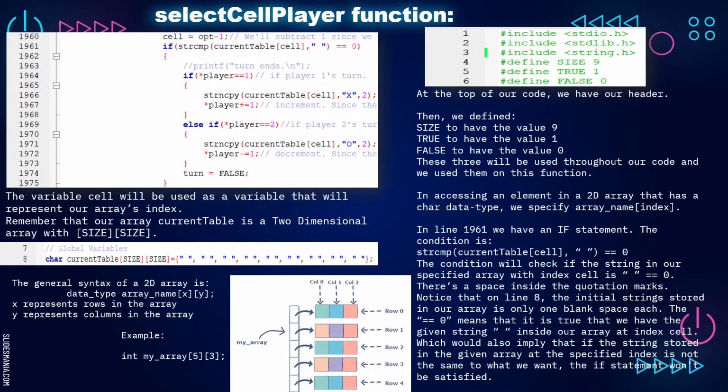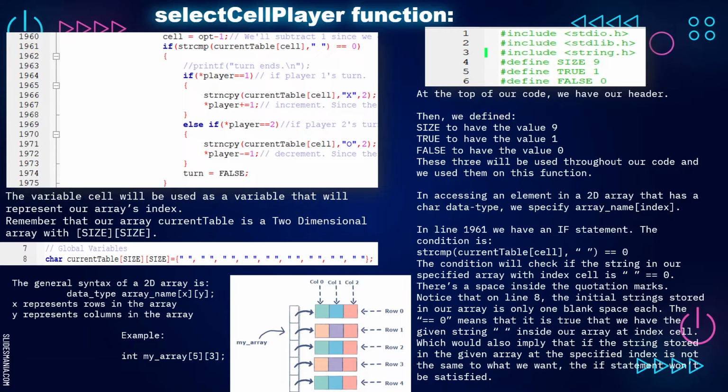Notice that on line 8, the initial strings stored in our array are only one blank space each. The equal to 0 means that it is true that we have the given string, just a blank space, inside our array at index cell, which would also imply that if the string stored in the given array at the specified index is not the same as what we want, the if statement won't be satisfied.